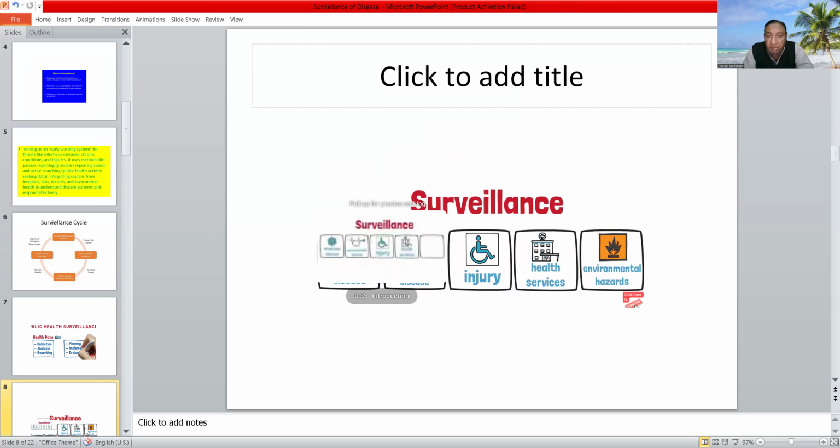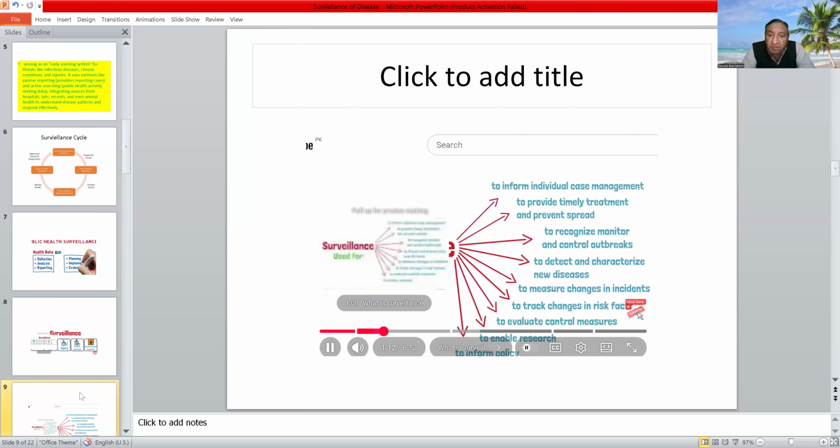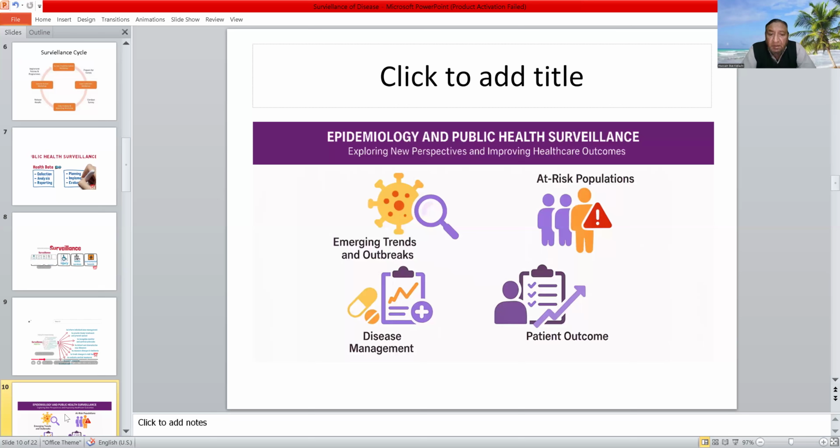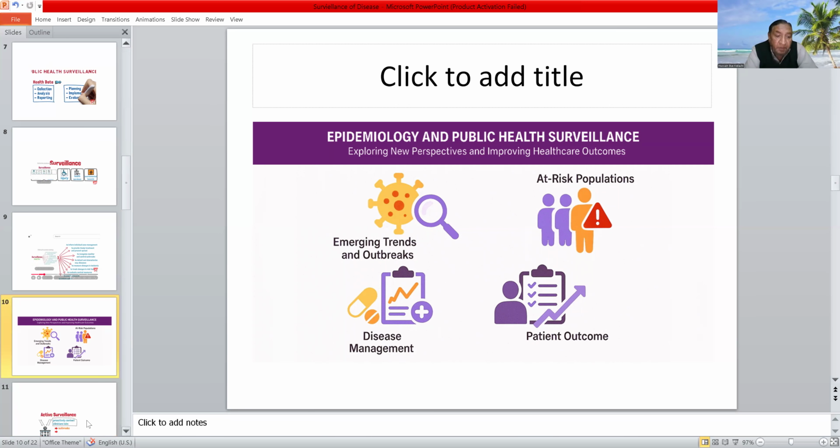Another surveillance picture shows injuries, health services, and even environmental hazards. This chart shows that surveillance is to enable research, evaluate and control measures, track changes in risk factors, measure changes in incidence, and detect and characterize new diseases. You can also see how the population at risk is covered: trends, disease management, and patient outcomes.